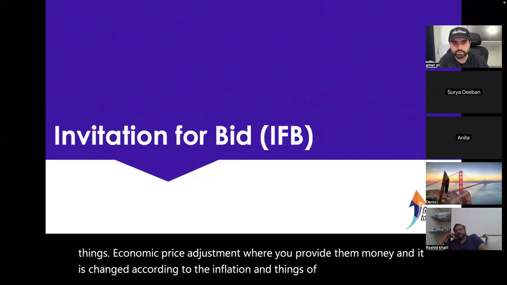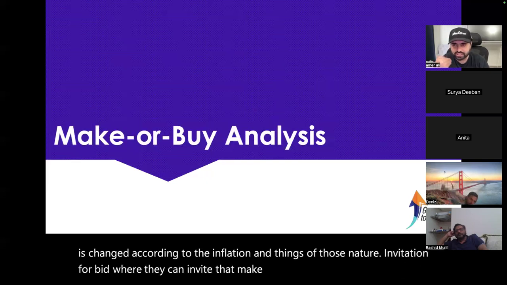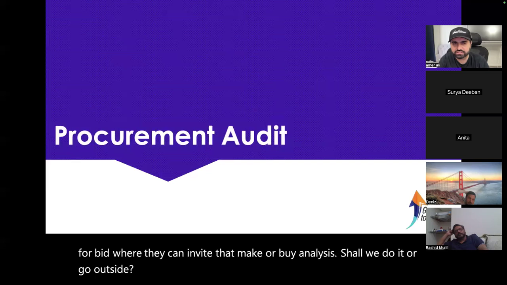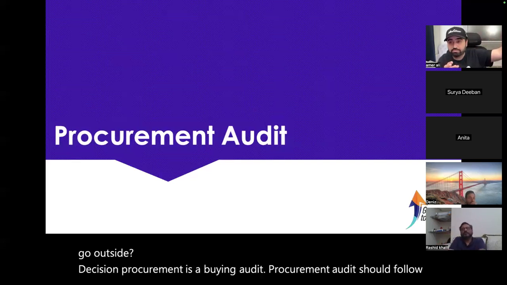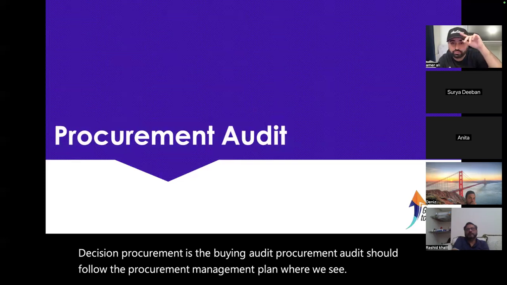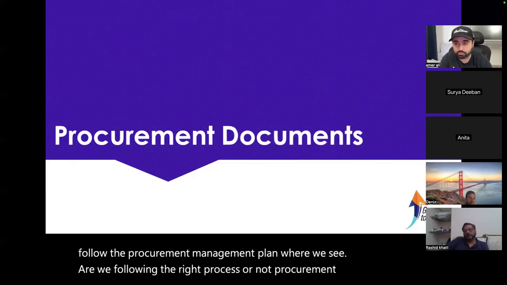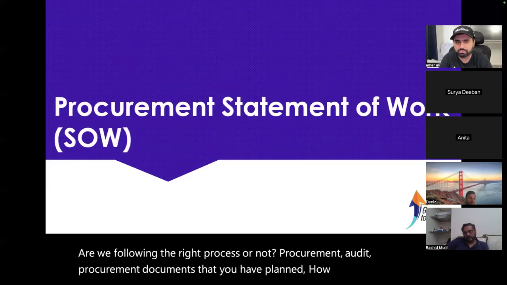Invitation for bid is where they can invite bids. Make or buy analysis: shall we do it ourselves or go outside? Procurement audit should follow the procurement management plan, where we see whether we are following the right process or not. Procurement documents plan how the procurement process will happen.